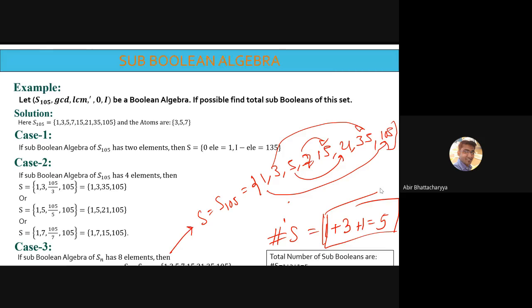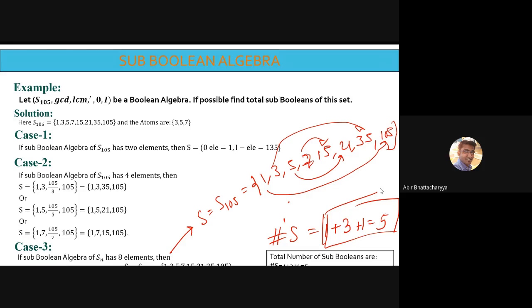Matthew's case 3 means it has 8 elements. It has 8 elements in the set. Whenever we have 8 elements in the set, the main Boolean algebra also has 8 elements. Is it possible that S becomes some other set compared to S105?